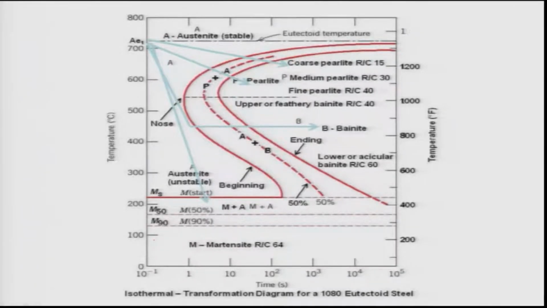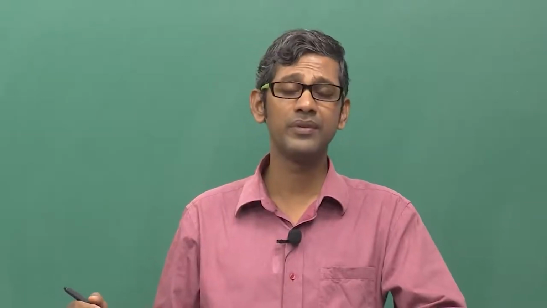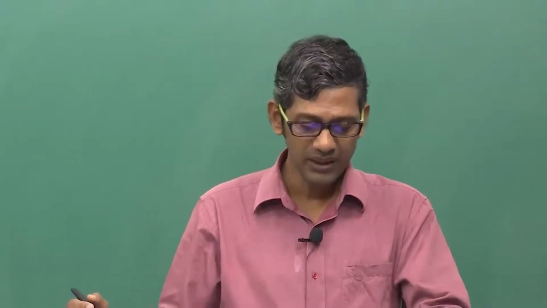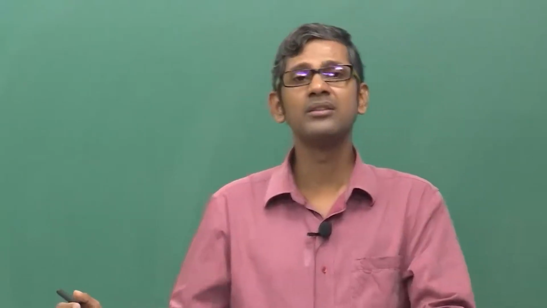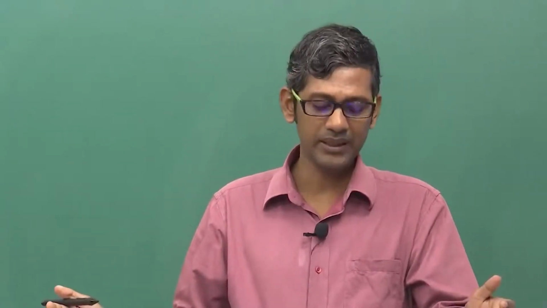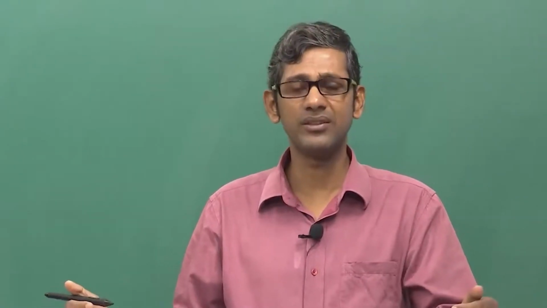And so these three temperature lines tell you, for the 1080 steel, how much percentage of martensite you can form, and then the remaining will be retained austenite. Obviously, retained austenite is not a good phase along with martensite, and that needs to be transformed later. So that means, depending on the temperature to which I can cool, if I quench to a hot oil bath kept at about 200 degrees Celsius, only 20% or 25% martensite will form.